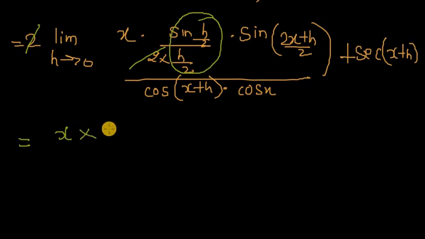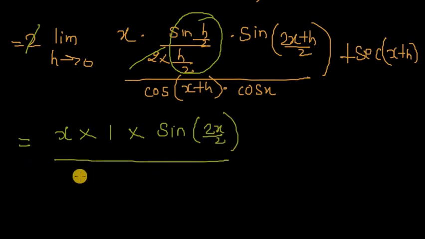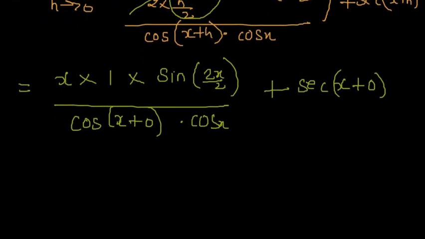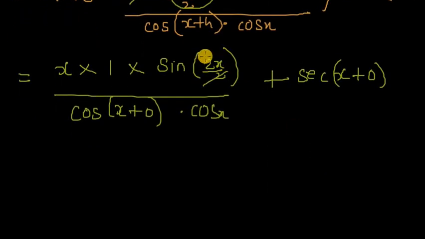x into 1 into sin 2x by 2 upon cos x plus 0 into cos x plus sec x plus 0. Okay? Simplify it further. 2 gets cancelled.